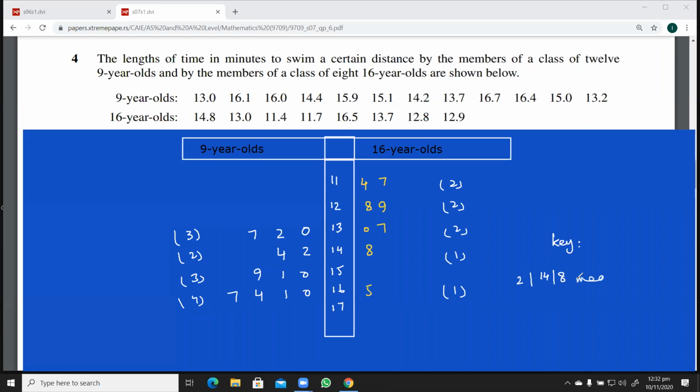This means 14.2 minutes from 9-year-olds, okay, and 14.8 minutes from 16-year-olds, okay. So that is how you will do this. This back-to-back stem and leaf diagram has been completed.